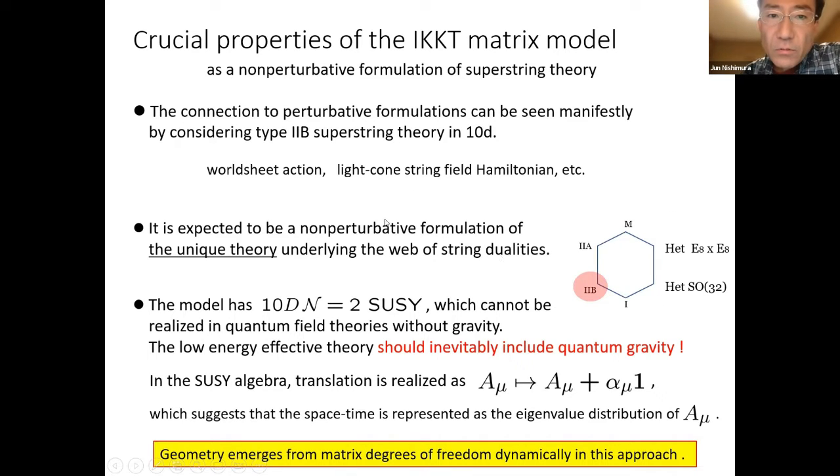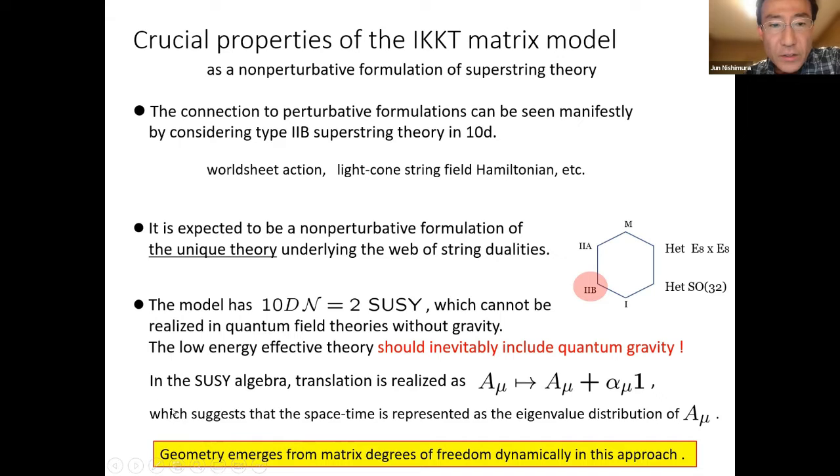Once you are able to formulate type IIB superstring theory non-perturbatively, that theory is expected to define the non-perturbative theory of superstring underlying all these dualities. Finally, I would like to mention that the model has 10-dimensional N=2 supersymmetry, which cannot be realized in quantum field theories without gravity. This means that the low energy effective theory should inevitably include quantum gravity.